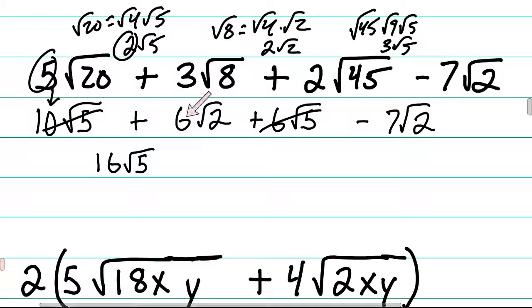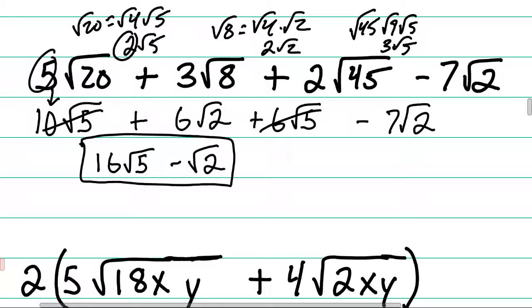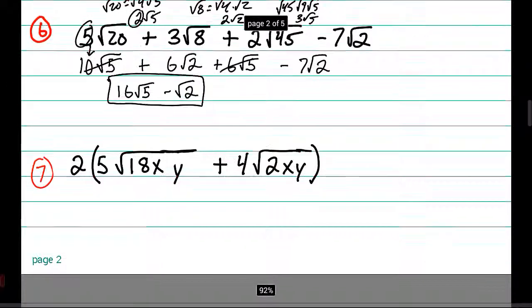Then if I had 6 of these root 2s, and I took away 7, puts me in the negatives, -1 root 2, and I'm all done. Now of course you can't combine these to make 15 root whatever, because these are not the same, root 5 and root 2.